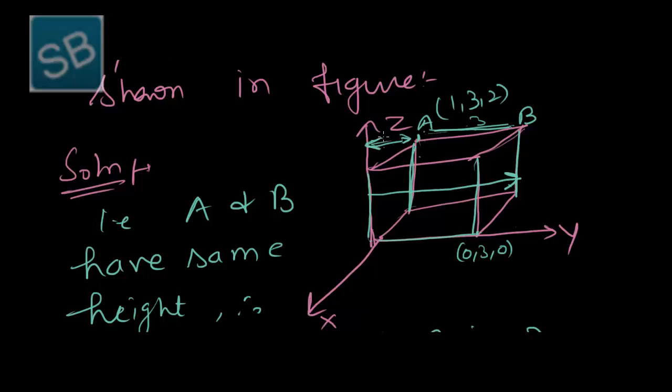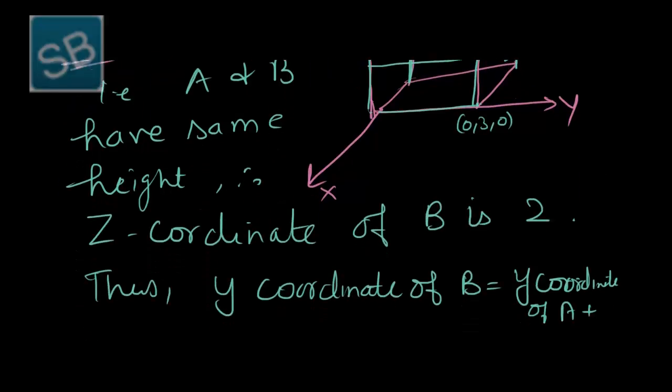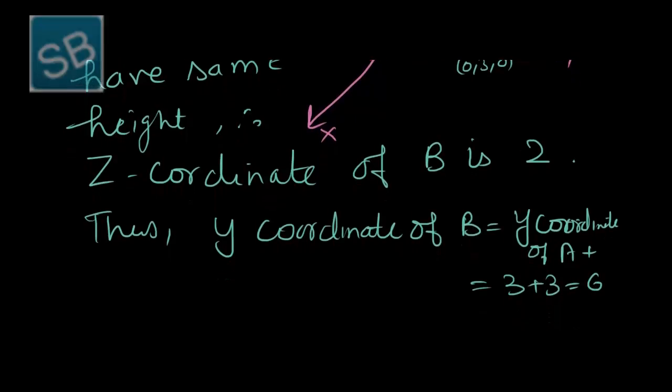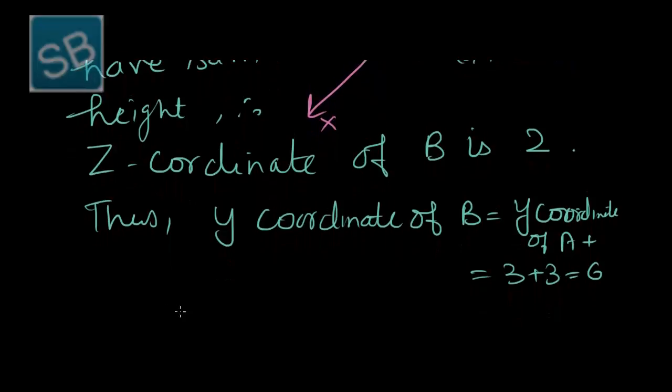A is at 3 units from the z-axis, that is the y coordinate, and 3 is the length of this AB. So B is at a distance 3 plus 3 is 6. Therefore, the y coordinate is 6.